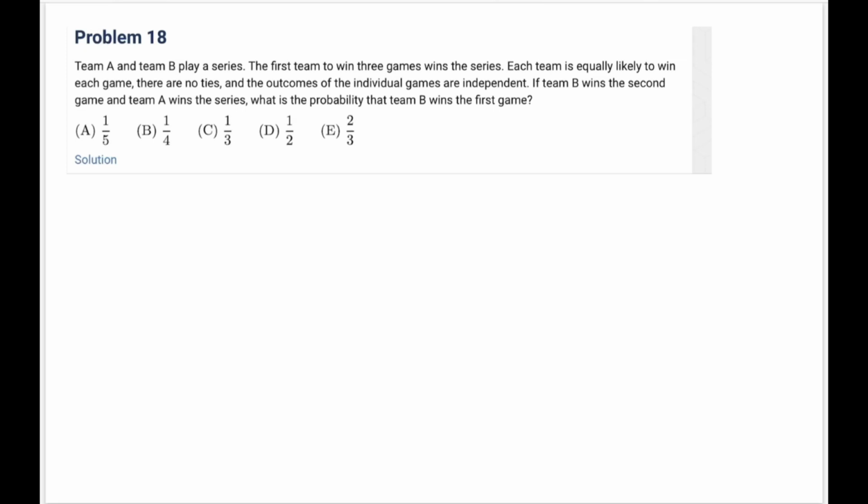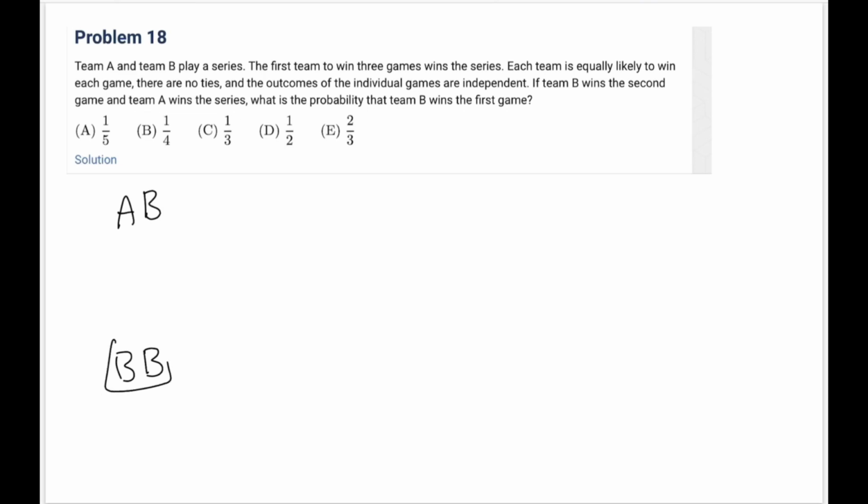So there are 2 possible scenarios. One is that A won first and then B won, and then the other is that B won first and B won in the second game. It says that Team A wins the series, right?